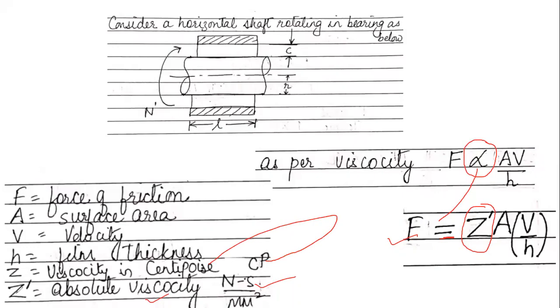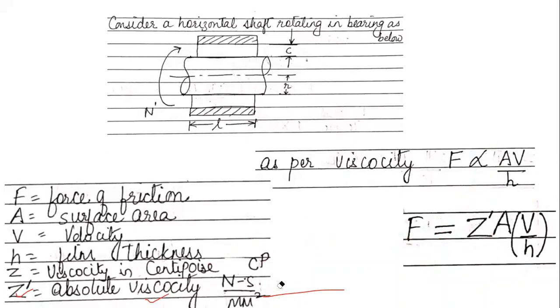But if I write Z dash, the viscosity will be in Newton second per mm square. So since I'm removing the sign of proportionality and putting the equal to sign, F equals Z dash A V upon film thickness, where A is the surface area and V is velocity.